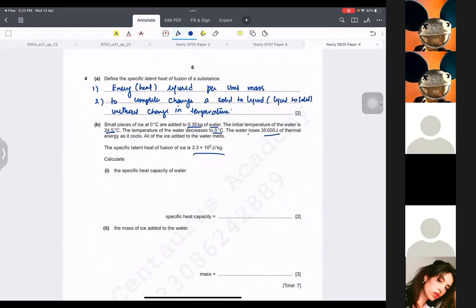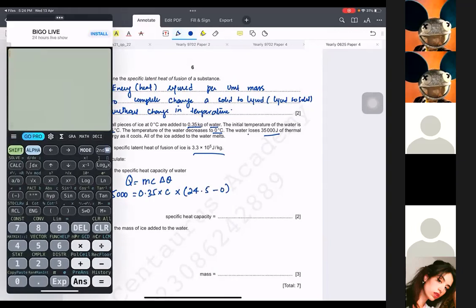Okay, so the heat capacity formula is Q equals mc delta theta. The heat energy water loses was 35,000. Mass of water was 0.35. We want to find C. And the change in temperature was 24.5 minus 0. So let's do it. 35,000 divided by 0.35 divided by 24.5.